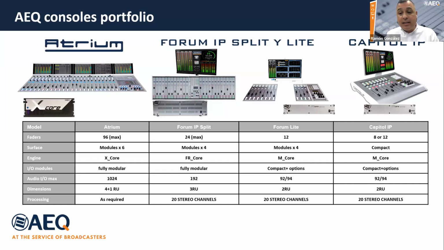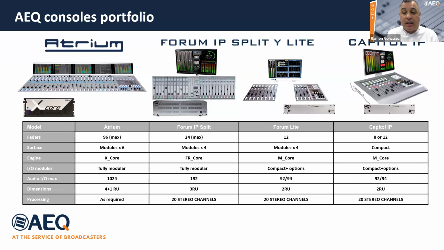Photon Split comes with the same control surface as Photon Light, which comes in modules, but in this case it's up to 24 faders, so up to 6 modules of faders. But in this case the engine is fully modular. It doesn't come with fixed inputs and outputs.